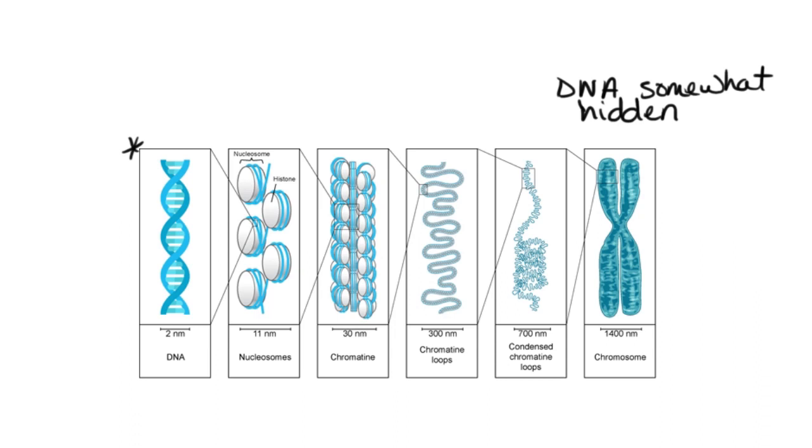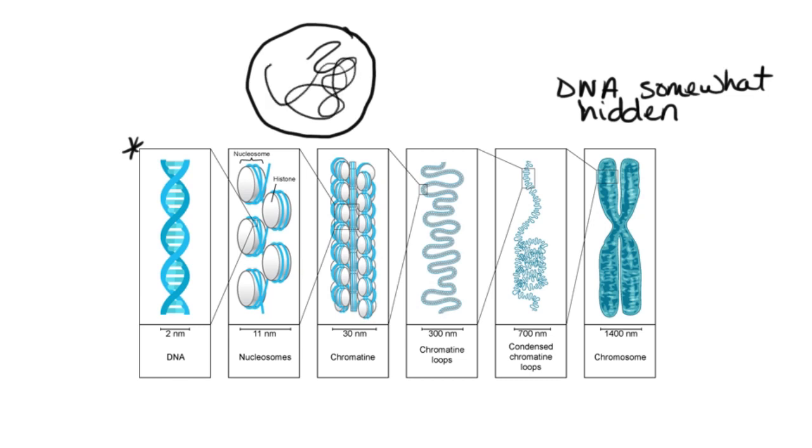But at the same time, we don't want the DNA all the way over on the left-hand side here, where it's just so long that it would tend to get kind of tangled up. So we're going to be somewhere between the two extremes. So if we went and we looked inside of a typical nucleus, this will be my nucleus here, the DNA will be fairly uncoiled or unwound.